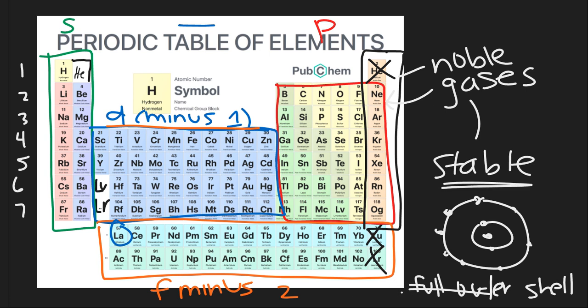So what scientists decided to do is that in order to categorize a specific element, for example, phosphorus, we're going to go to the last noble gas, so that'd be Ne here, and we would start reading from there.